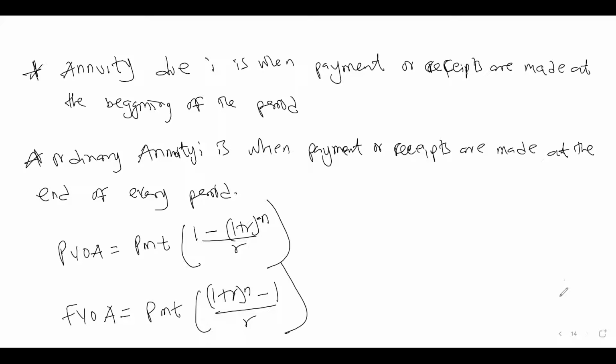So if a question is silent, we always assume ordinary annuity, because ordinarily, payments or receipts are made at the end of a period. But if the question says that the payments or receipts were made at the beginning of a period, we call it annuity due.